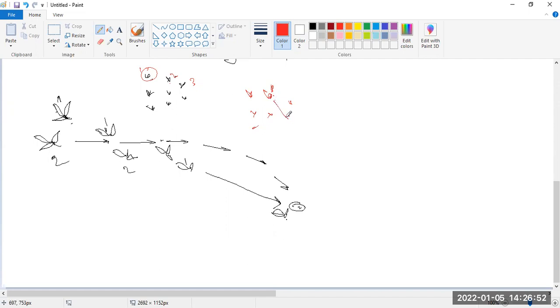These birds want to come to the first position. Bird number one is at the last position, but say bird X is at the first position. So this bird can see the food the very first time. They know it, that's why they change their position. So this is called the local best position.